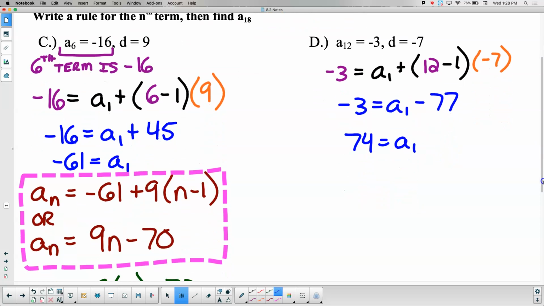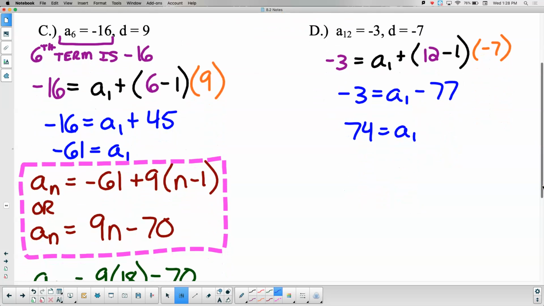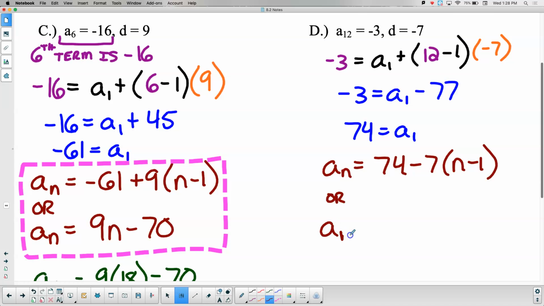I get my first term is 74. If my first term is 74, then my rule is going to be 74 minus 7 times the quantity n minus 1, or negative 7n minus 81, or excuse me, plus 81.